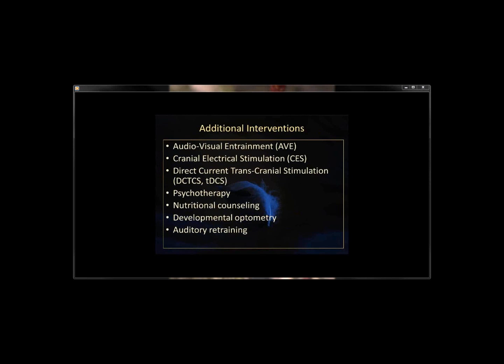Additional interventions, I commonly use audiovisual entrainment, as I've mentioned. I rarely use cranial electrical stimulation, although I do use that for my clients with addiction disorders as a substitute for their drug of choice, if you will, or their behavior of choice. It isn't really a direct substitution because it really doesn't have any habituating or dependence sort of characteristics.